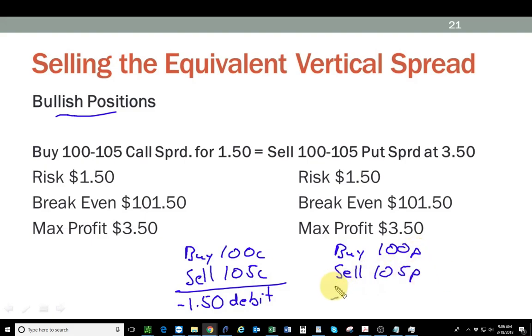Now, this particular spread happens to be done for a $3.50 credit. Time out for a second. This spread's done for a credit. It's a $5 wide spread. How much can you lose in a $5 wide spread? You can lose $5. But you collected a $3.50 credit up front. So what's your risk? $1.50. This one is $1.50 of risk.